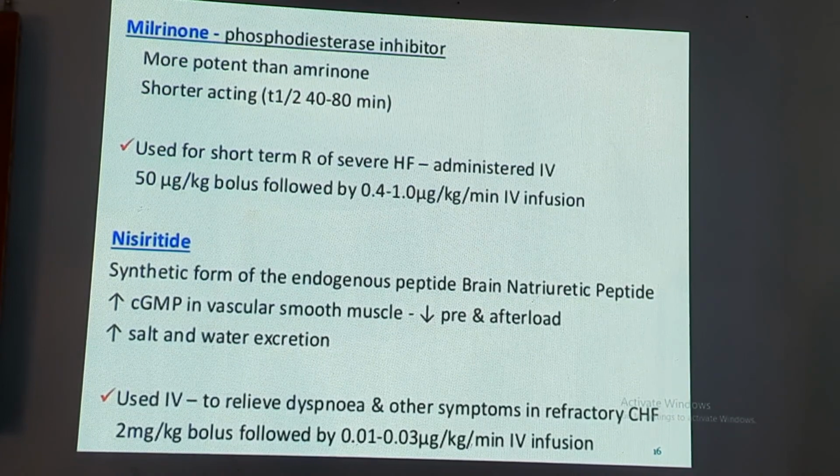It increases salt and water excretion. Used intravenously to relieve dyspnea and other symptoms in refractory congestive heart failure, and dose is 2 microgram per kg bolus followed by 0.1 to 0.3 microgram per kg per minute as IV infusion. Next slide.